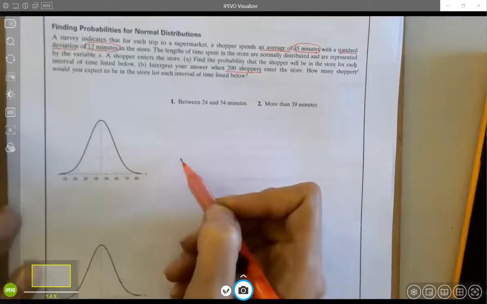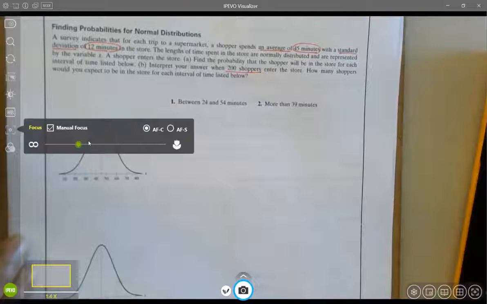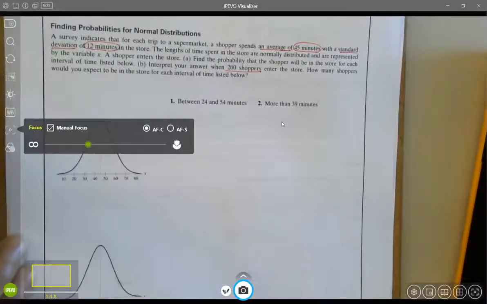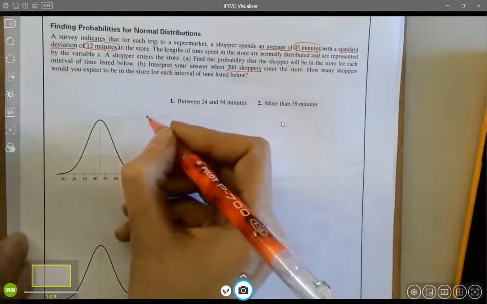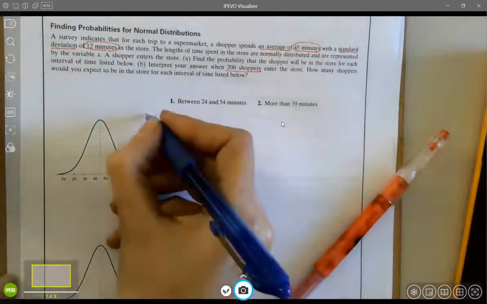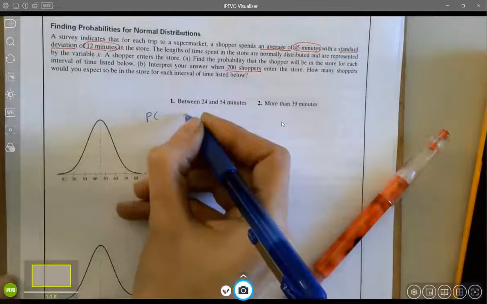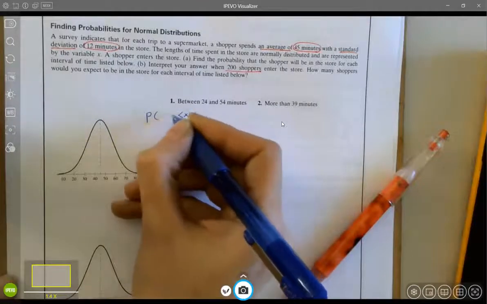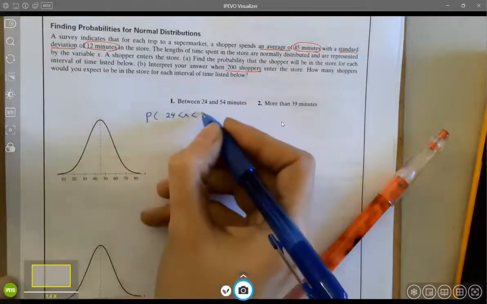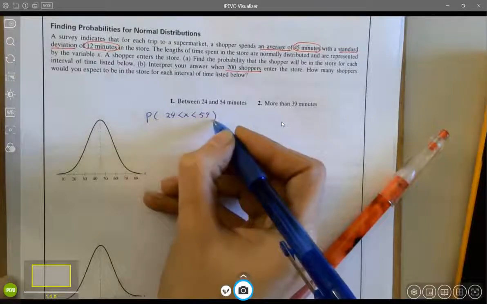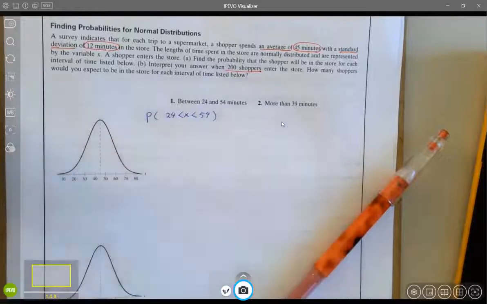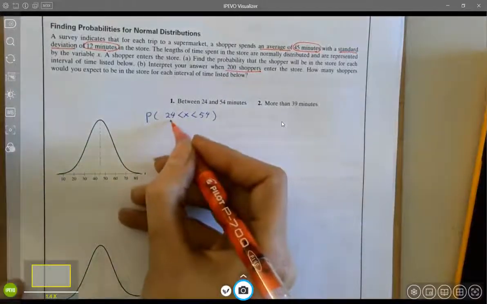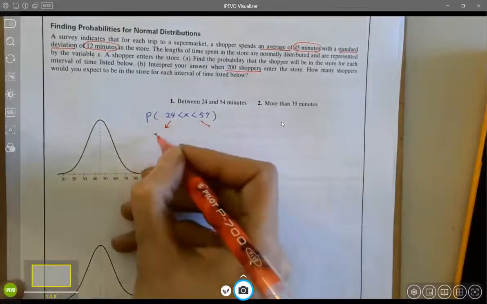So what's the meaning of that? It means find the probability that your X is in between 24 minutes and 54 minutes. So we're lucky in this case. Why is that? Because our lower bound and upper bound are given to us.